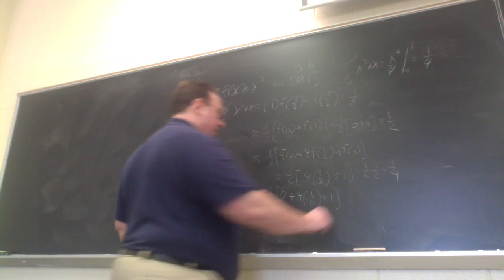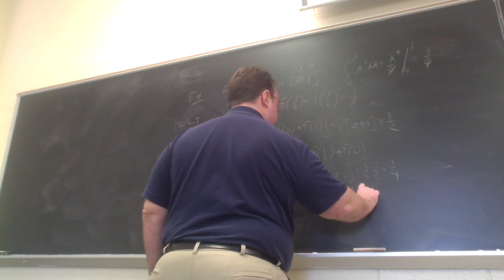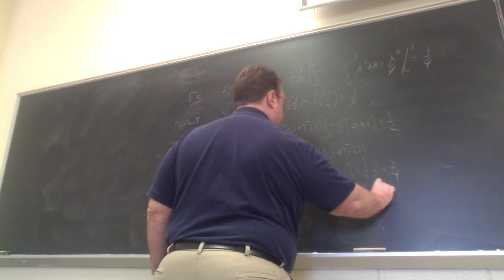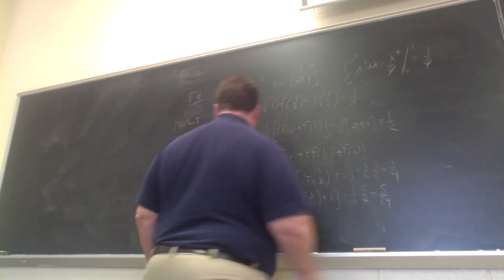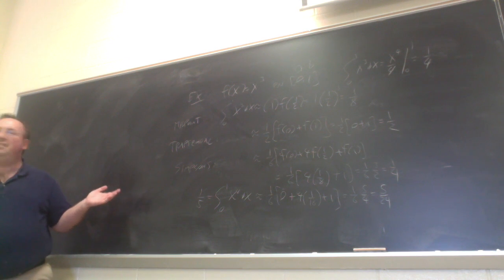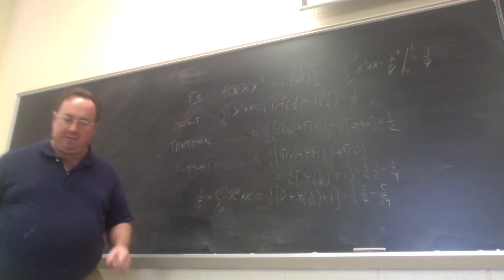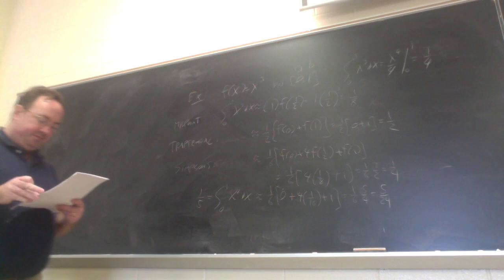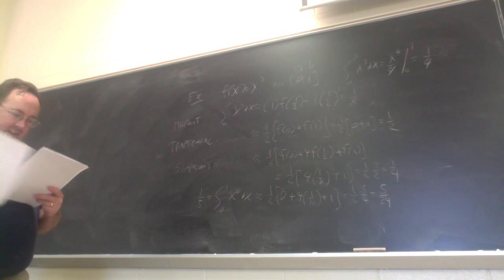So we get 1/6 times 5/4 is 5 over 24 versus 5 over 25. So not bad. So it works pretty well.